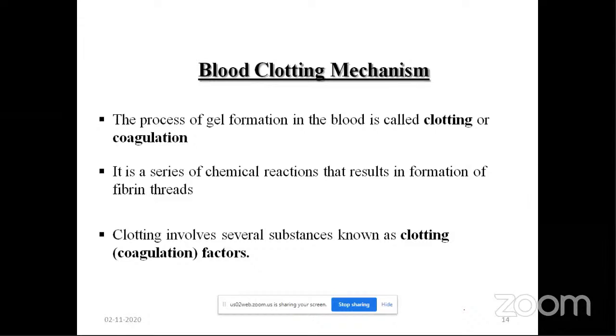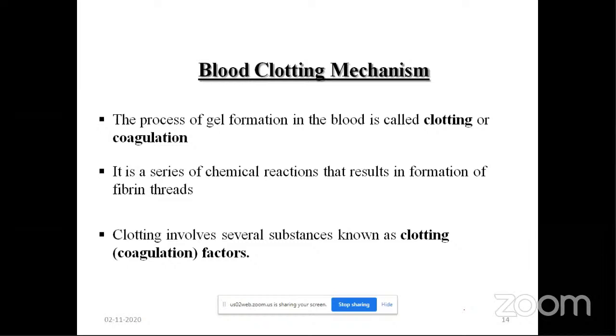And lastly, once this platelet plug is formed, simultaneously, the last and most important step in the mechanism of hemostasis is the coagulation cascade. This is the blood clotting or coagulation mechanism, and it results in formation of a jelly-like substance at the site of injury, which is called the blood clot.